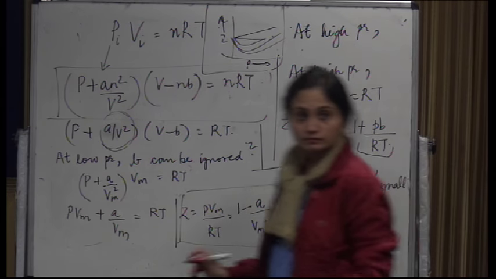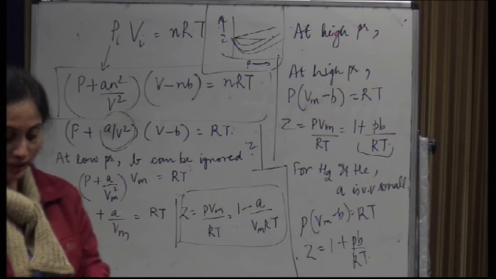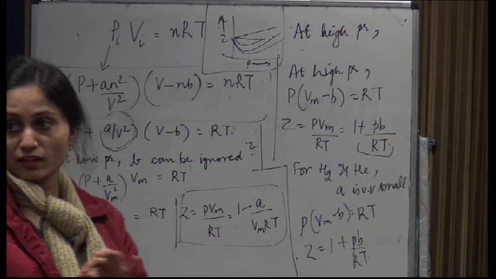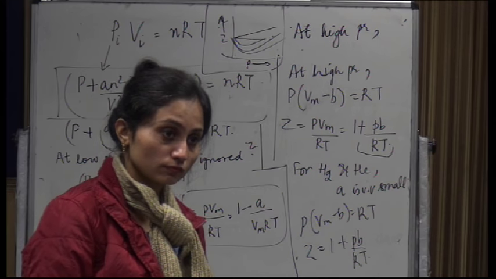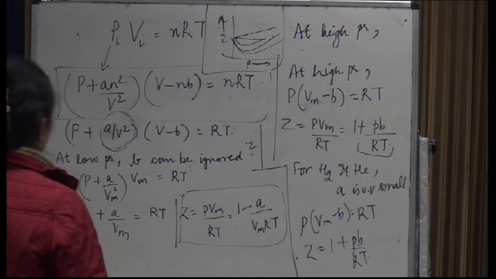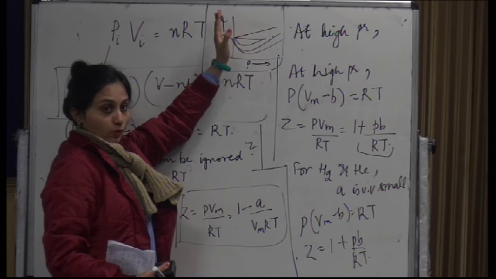Okay. Now I will talk about the relationship of the van der Waals equation with the compressibility factor and the behavior of real gases again. But the range is low.